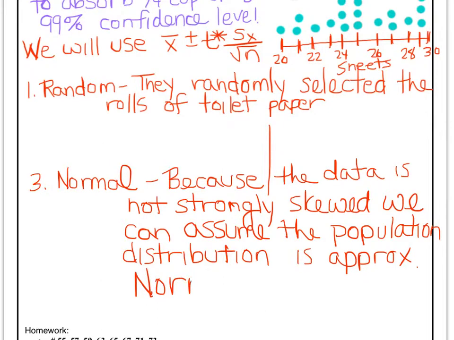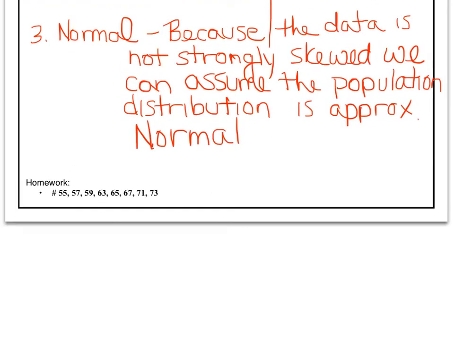Okay. Now for the do step. The first thing I'm going to do with the do step is find my degrees of freedom. So df is equal to 18 minus 1, which is 17.